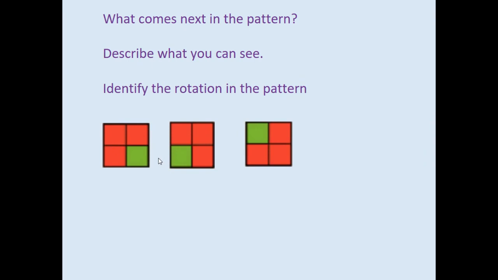Now see what turn I have made in this pattern. So identify the rotation or identify the turn in the pattern and see what the fourth shape is going to look like. Please have a go at it.